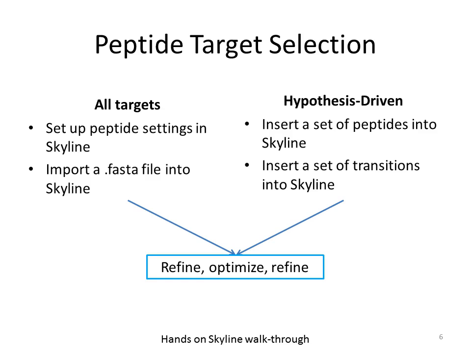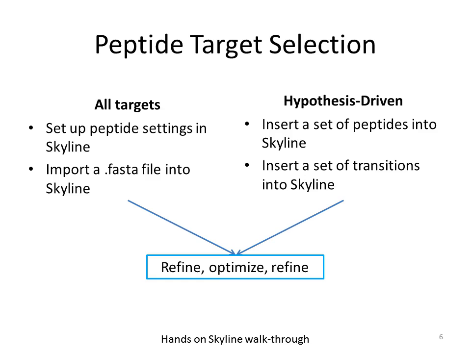If you're just curious as to what peptides are in there, you could import an entire human proteome FASTA file, which is all of the proteins that are present in the human proteome whose sequences are known, and then Skyline would automatically tell you which ones are in your spectral libraries.